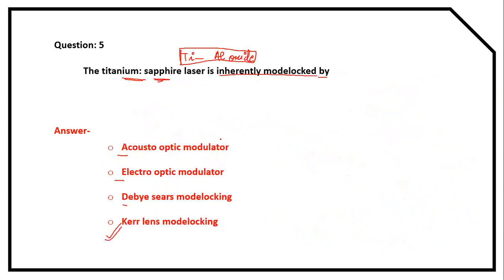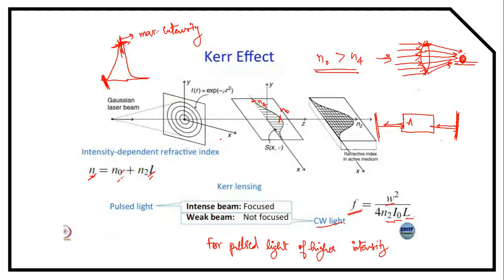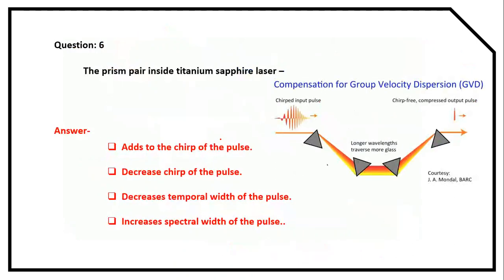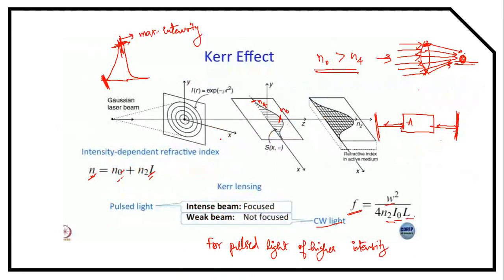Now we'll go to question number 5. The titanium sapphire laser is mode locked inherently by Kerr lens mode locking. The Kerr lens mode locking is based on this Kerr effect, and in this case, a specific number of modes get restricted and separated because of this Kerr effect of the refractive medium itself.